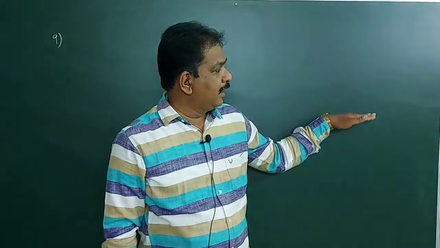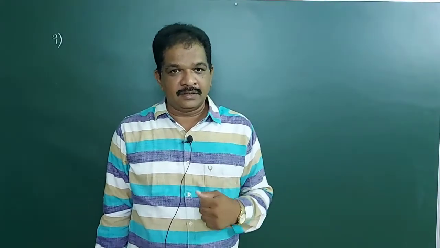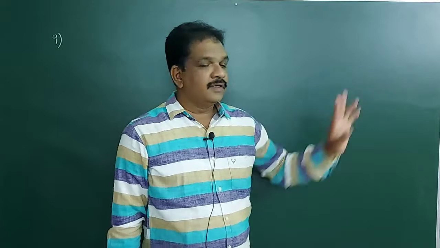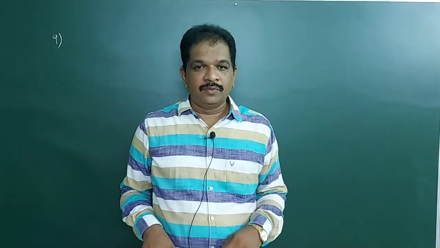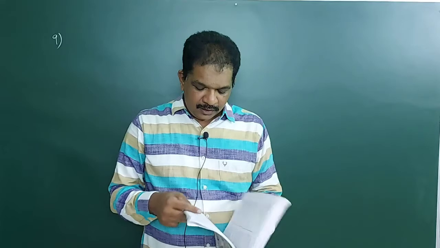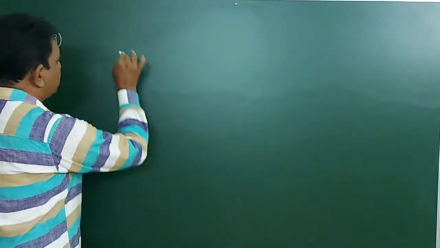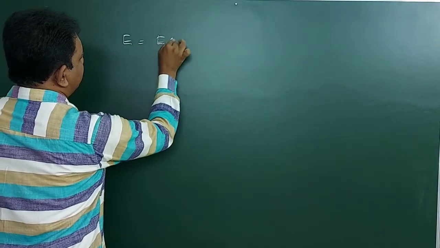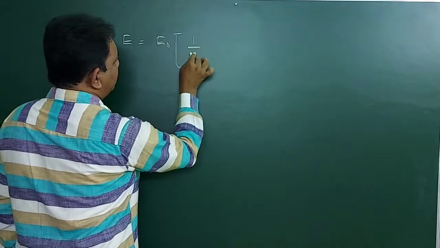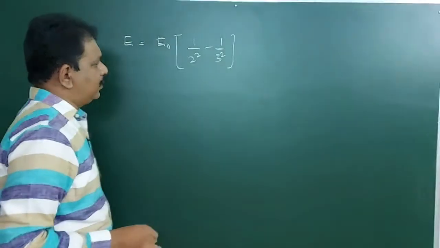Electron jumps from high energy level to lower energy level, it releases energy. That energy is incident on a metal and it produces photoelectric effect. Now, when it jumps from n is equal to 3 to 2, energy released will be 1 by 2 square minus 1 by 3 square.